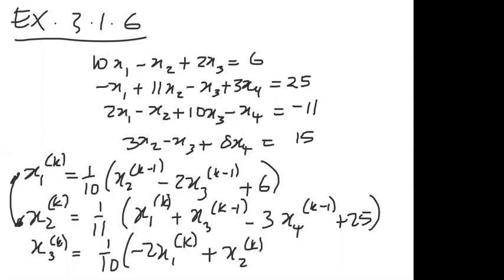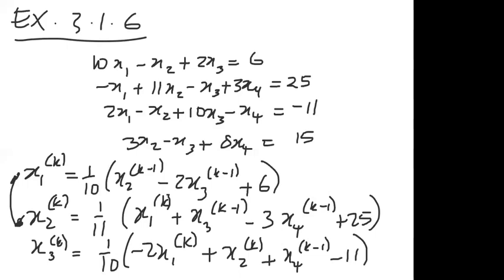I can't use k minus 1 because I've already found the x2^(k), so I can substitute that value in there. And then I'm also going to find x4 there, it's positive, plus x4^(k-1) now. Because I'm finding x3, so I can't use the x^(k) here. I need to get the x4^(k-1). So I'm getting this one from the initial approximation. And then minus 11 that I have at the far end.